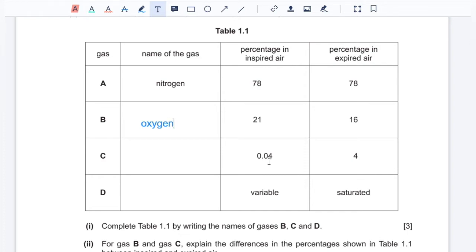Similarly, the gas which is 0.04% of the inspired air is carbon dioxide. And it's water vapor, which is of variable percentage in the inspired air, and this depends on the humidity of the environment, and it saturates the expired air.